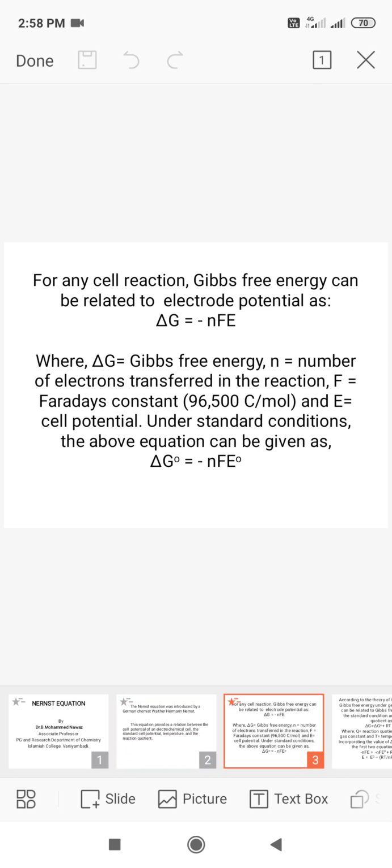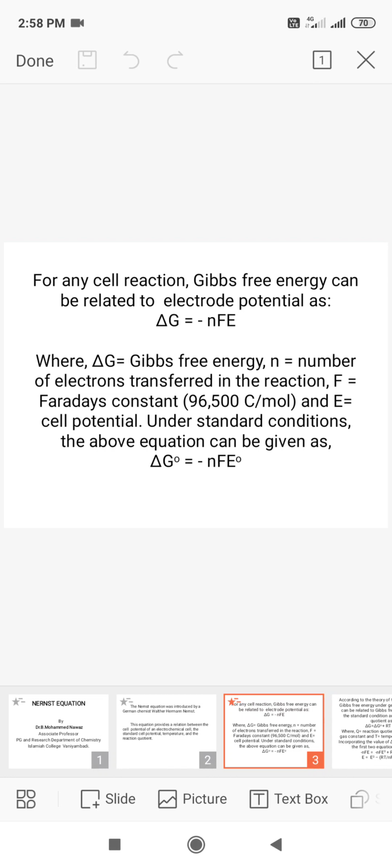For any cell reaction, the EMF of a cell should be positive, then only the delta G will be negative. For a cell reaction to occur, the change in free energy should be negative. Then only the cell reaction will be spontaneous.